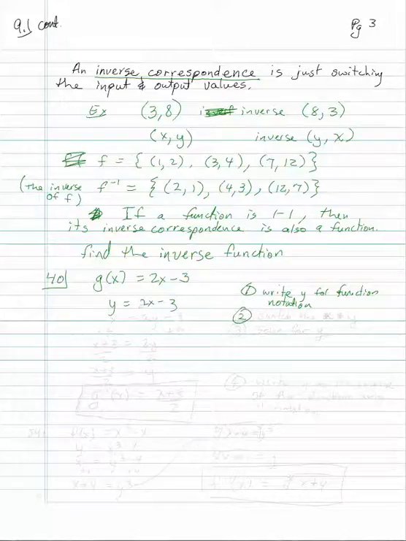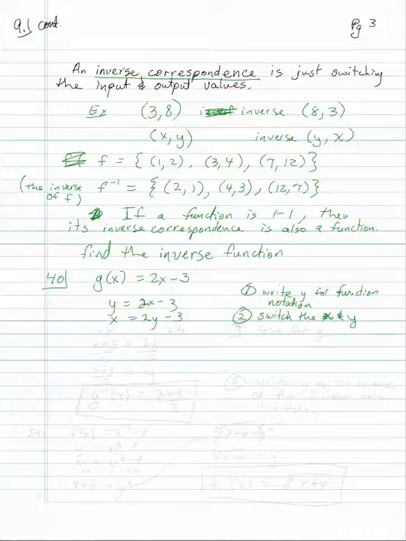Then, to do the inverse, like we did up there, if it's (x, y), you switch it to (y, x). So we're going to switch the x and y. None of the numbers, just the actual x becomes a y and the y becomes an x. But you leave all the numbers and the coefficients the same. So this is going to become x equals 2y minus 3.